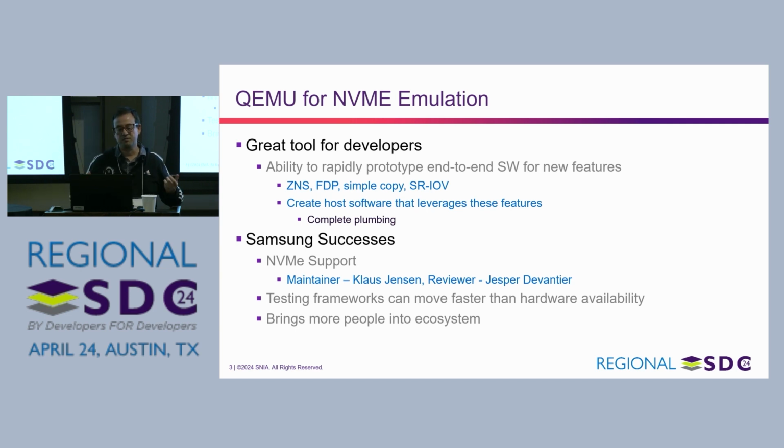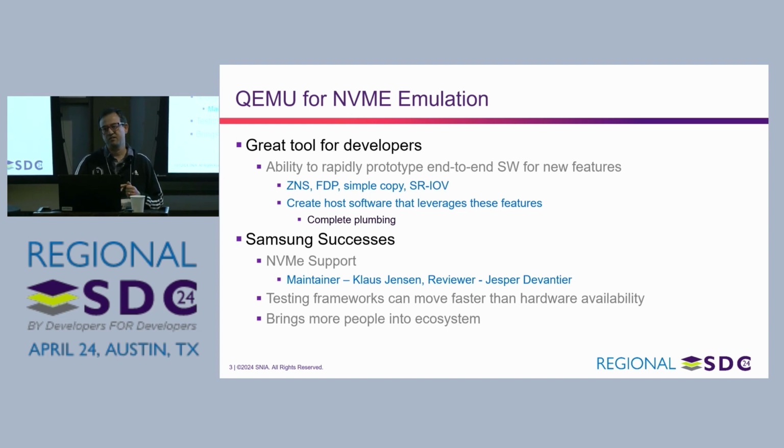Some of the features that we rapidly prototyped for end-to-end software, including connecting into applications, were ZNS, FDP, simple copy, and SR-IOV. We connected these into applications, getting the best representative use case and then demonstrating it. All of the software would be open source, so anybody could reproduce it.